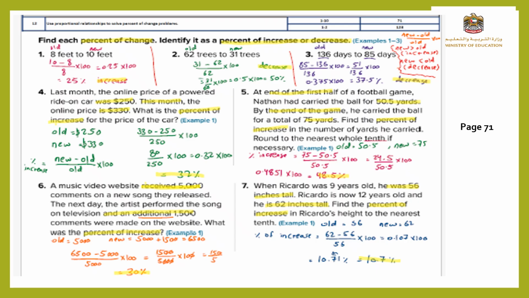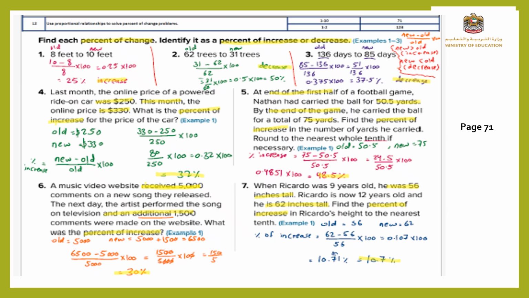Percent of change. To find the percentage of change, whether it is increasing or decreasing, this is what they asked you. So 8 feet to 10 feet. 8 to 10 is of course increasing, right? How much increased? 2 increased. So 2 over 8 times 100. This is the base, this is the increased one. The increased or decreased one we don't need, the base we need.